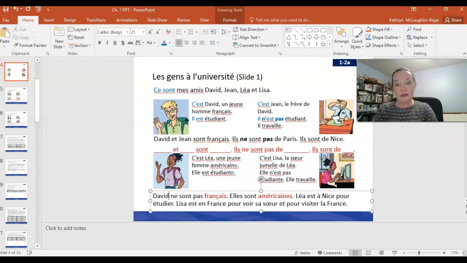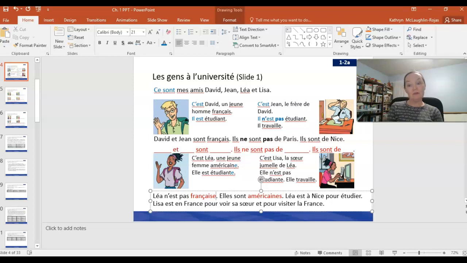If I just had Léa here, then I would have to say Léa n'est pas française because now I'm talking about one female. I need to add the E to the end and she's just one person.